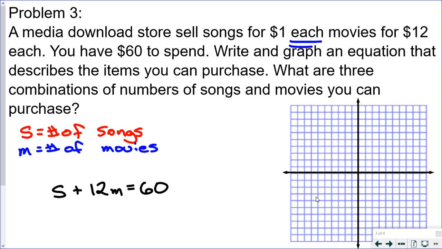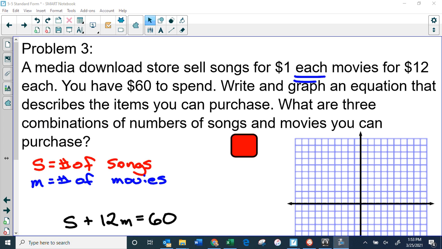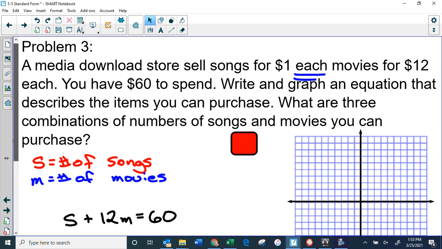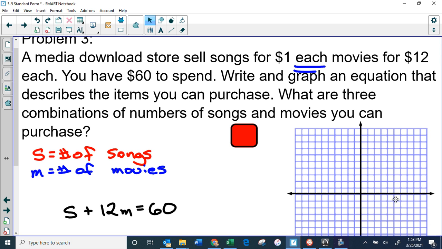Let me bring my box over here from the other screen because that's kind of useful. All right, so I brought my box over here. To find the intercepts, first let's think about what goes on which axis. It really doesn't matter.